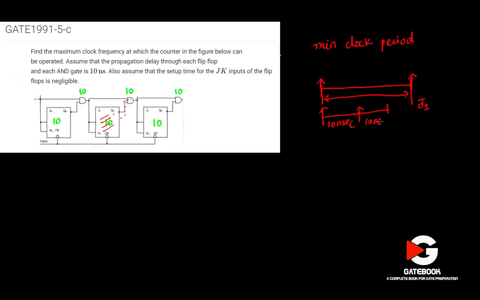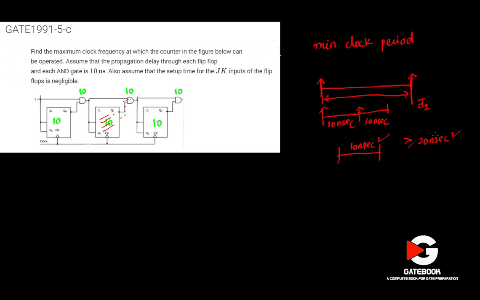So after 20 nanosecond only, you are able to get a proper input for J2. If the clock time is only 10 nanosecond, then things are not going to work. So the time period should definitely be greater than or equal to 20 nanosecond.